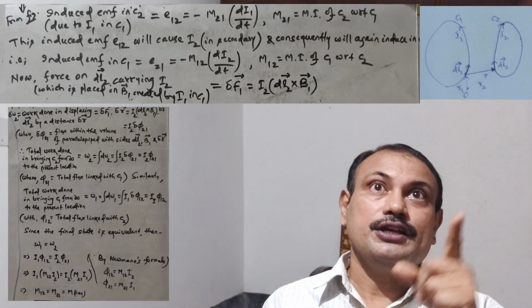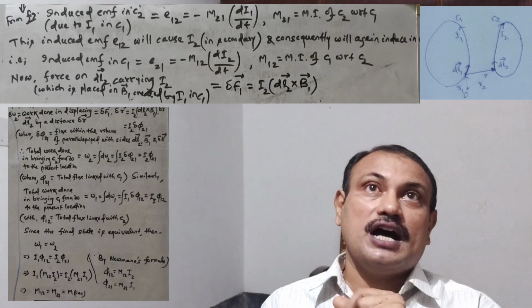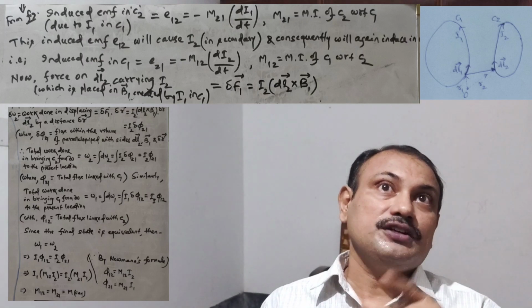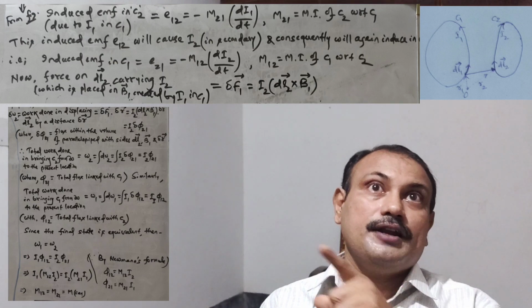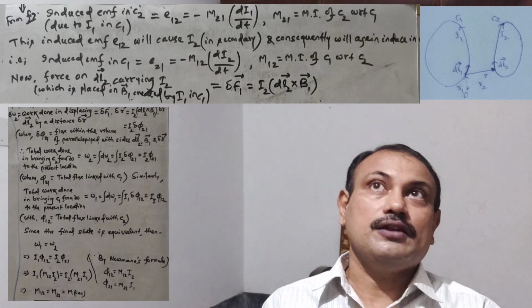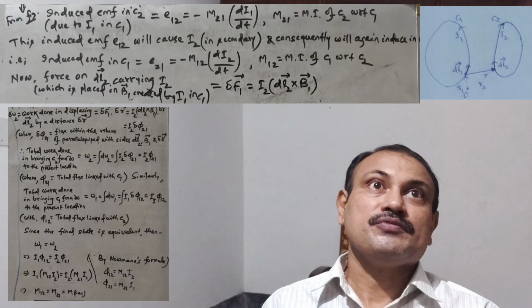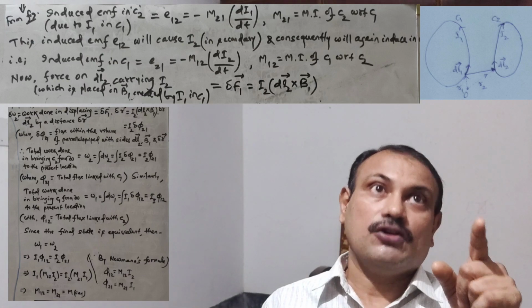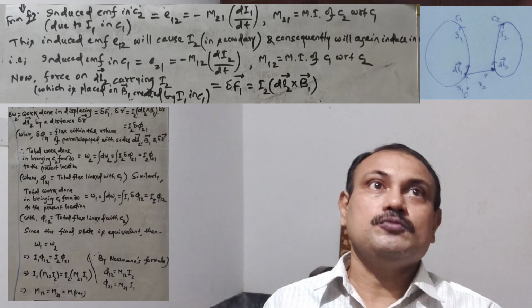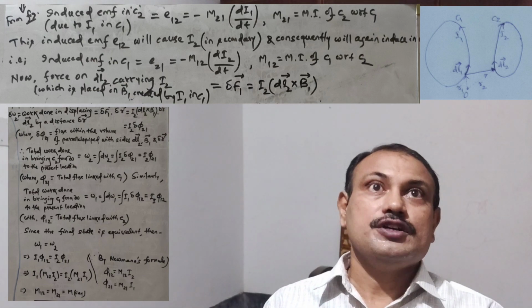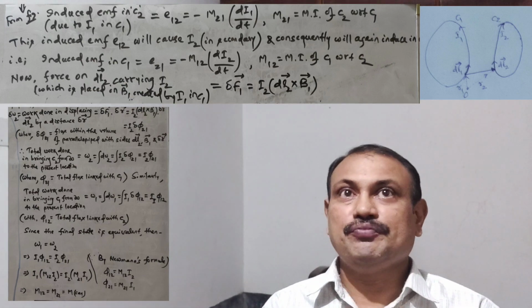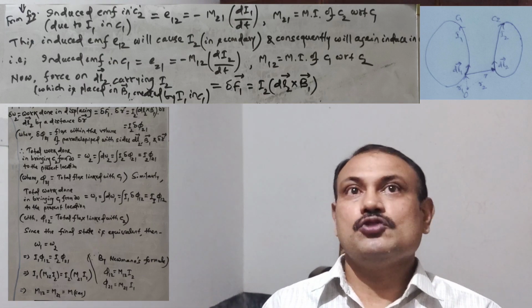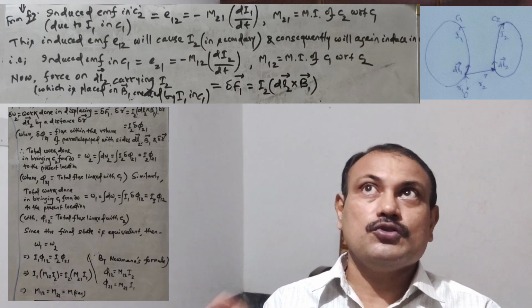In a similar manner, you can pick up the coil C2 as the primary, where we find that the total work done in bringing C1 from infinity to the present location is W1, the integration of dW1, equal to I1 times delta phi 12, which on integration gives I1 times phi 12. Now phi 12 is the total flux linked with coil C2, and since the final positions in both cases are equivalent, the W1 and W2 in both cases are the same.